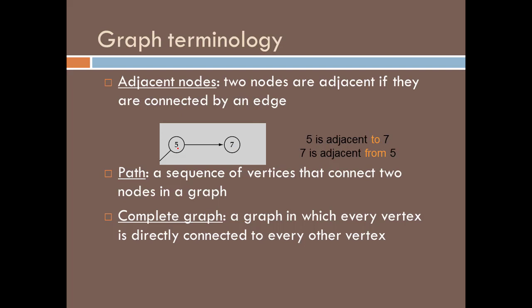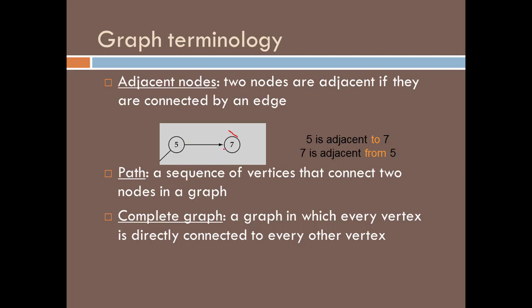This 7 is adjacent from 5, meaning 7 is approachable from 5. In this case we cannot say that 7 is adjacent to 5. Why? Because there is no path or edge from 7 to 5. So we cannot say that 7 is adjacent to 5.